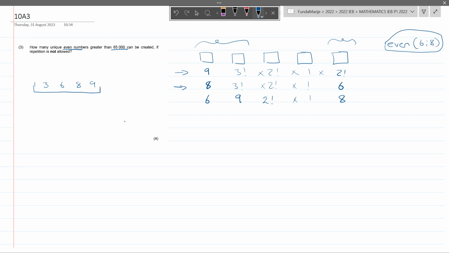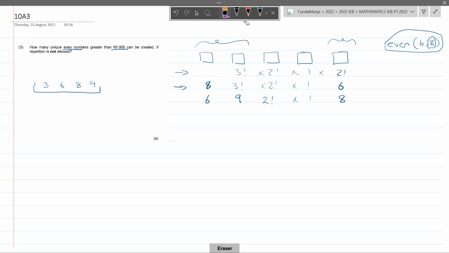Then if we pick 8, again, this is going to be over 80,000 already, so it's greater than 65,000. We don't need to worry about the second number. And then for the last value, since we've used 8, the only way that this number can be even is if we use 6 on the last one. So we preset that value as well.